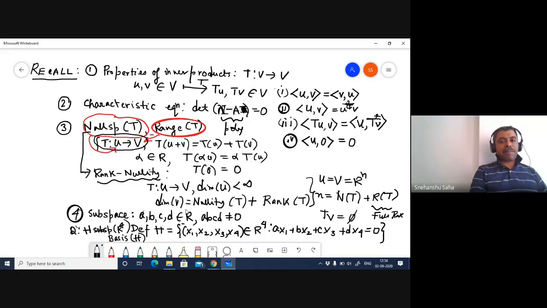I'm also assuming that the dimension of V is greater than the dimension of U. Now, my question is, if I define a basis in U, what is the relation of that basis in U to the vector space V?